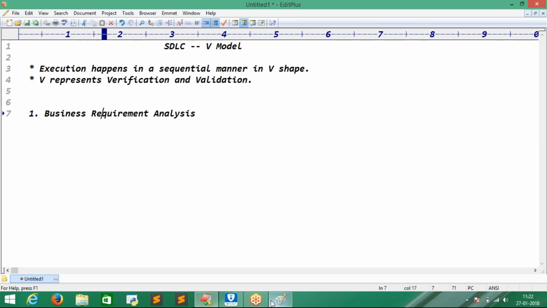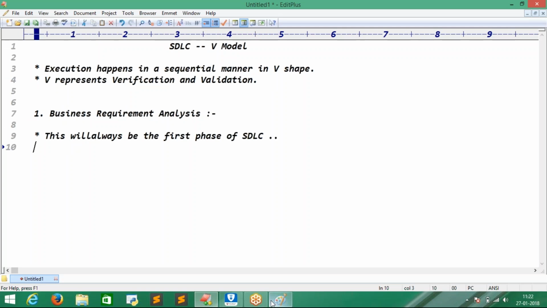Business requirement analysis will always be the first phase of SDLC, the software development life cycle.